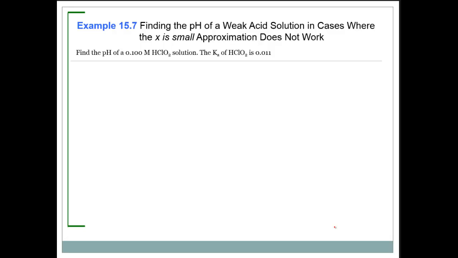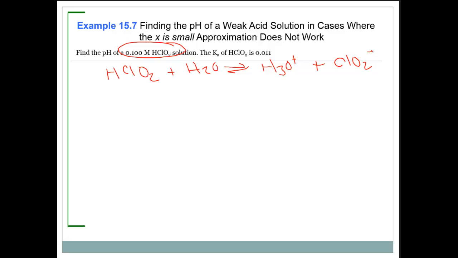So let's say the approximation works out well. Now let's try a worst case scenario. So we have HClO2. 0.100 is what we're starting with.